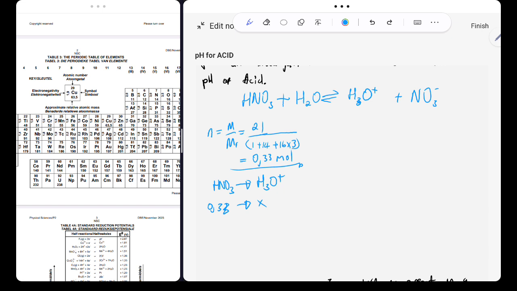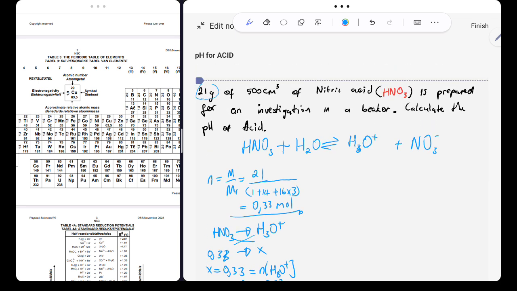I want to know how much of the hydronium ions I will form. Simply cross multiply, then X is equal to 0.33. Remember that X also represents the number of moles of my hydronium ions, H3O+. So, to find the concentration of my hydronium ions, I know that concentration is equal to n over V, which is 0.33 over the volume.